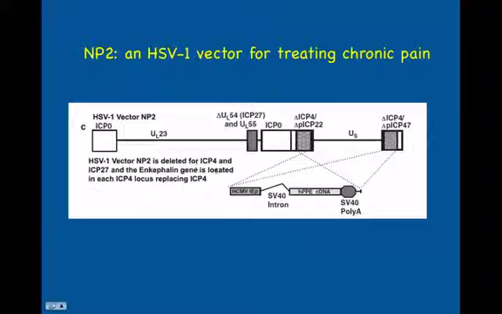So ICP4 and ICP27 are put in, and the enkephalin gene is located in the ICP4 locus, replacing it. So basically, you're cutting out a gene to put a new gene in, and it happens to be the replication gene that you're getting rid of. So this is a nice little system.